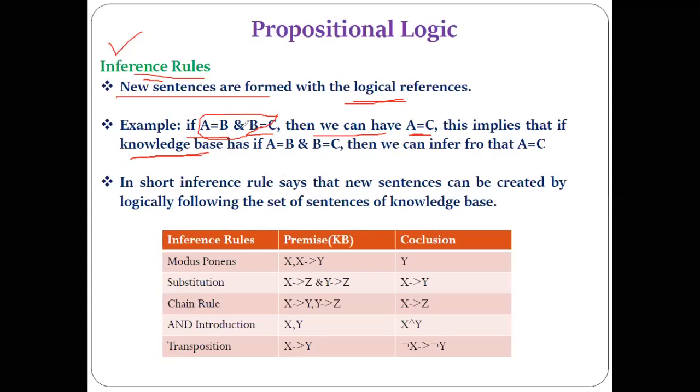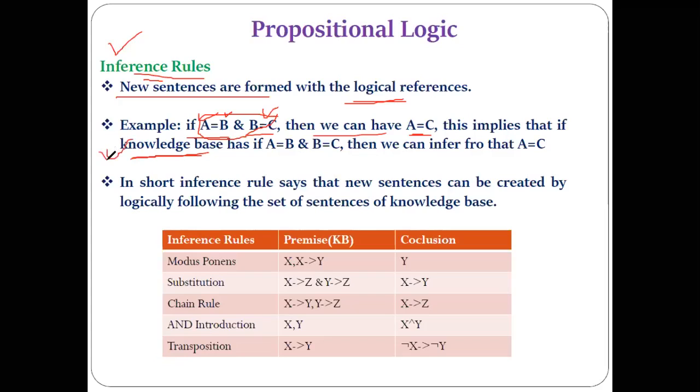Now the meaning of A might be something, the meaning of B might be something, because A, B, C are propositional symbols. Correct? So while we are representing real world facts in logical form, we are representing them with the help of propositional symbols, and these are present where?